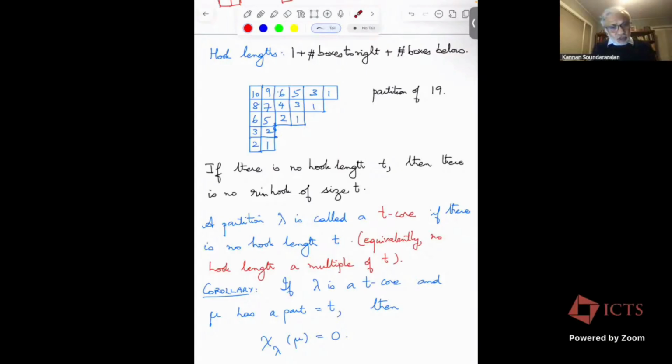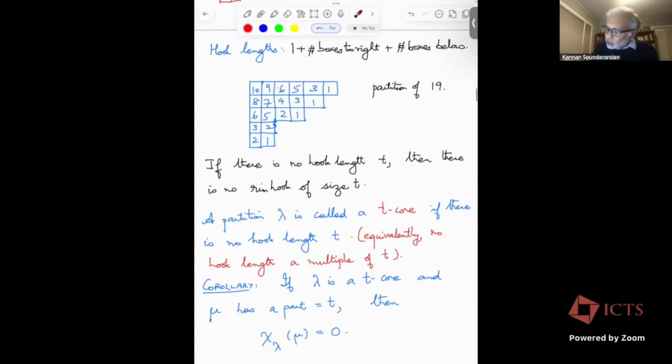Okay, so to summarize, if I have a partition lambda which has no hook of size T or no hook of size a multiple of T, and the partition mu has a part of size T, then when I try to use the Murnaghan-Nakayama recursive procedure, taking this part in mu of size T, I'm not going to be able to get started because there's no border strip that I can remove from lambda, and therefore the character value is forced to be 0 in this case.